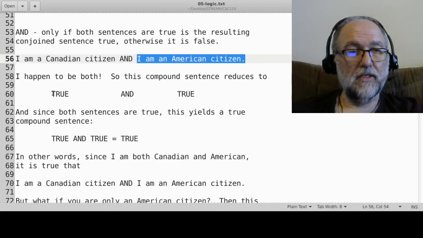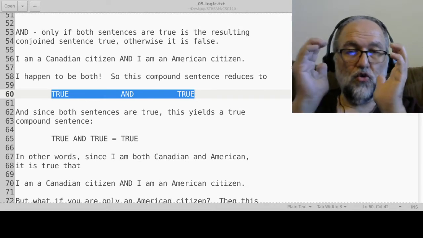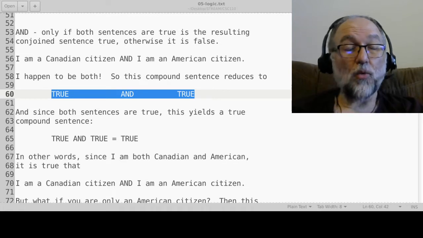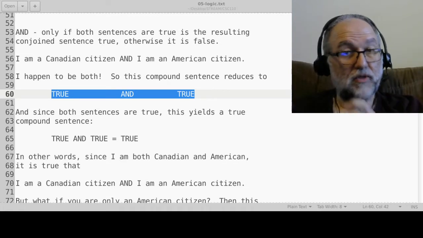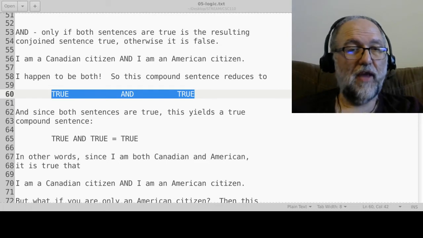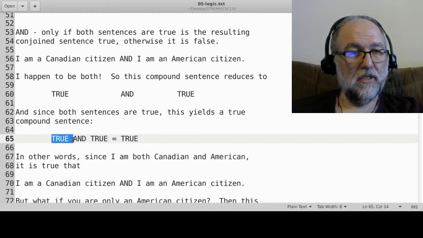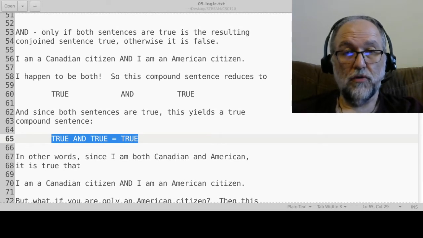And so the two sentences are joined together like this. A true sentence is joined with and to another true sentence. The way and works is if both sentences are true, the resulting sentence is true. That's the only time you get true. So if you have true and true, in other words, a true sentence joined together with another true sentence with and, that yields the answer true.